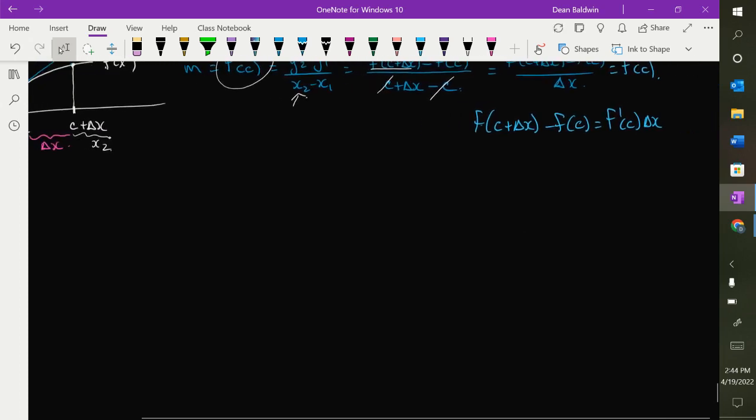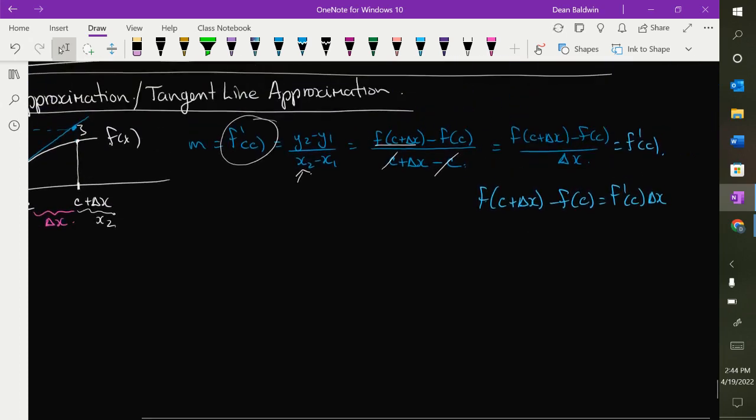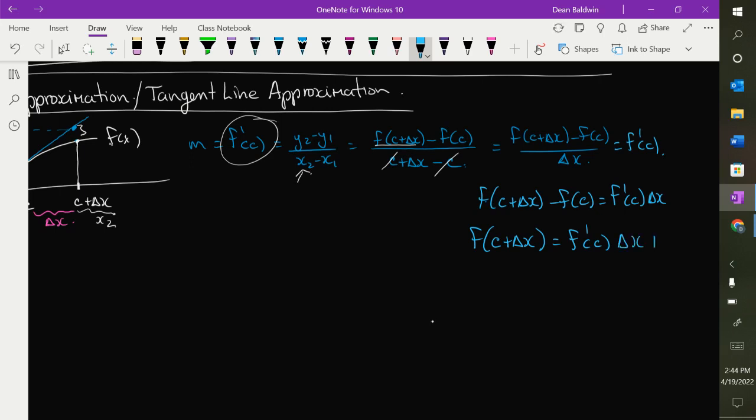Okay. And then I'm going to move over this f of c, and I get f of c plus delta x is equal to f prime of c delta x plus f of c.